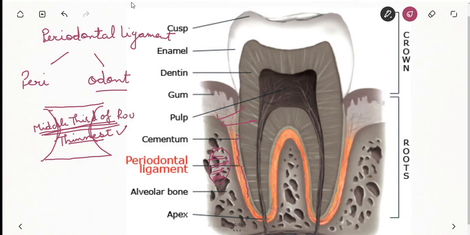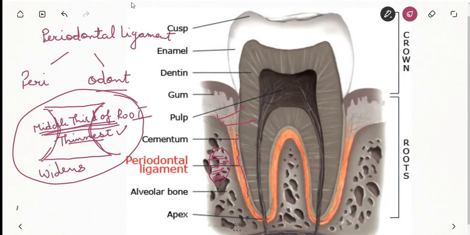And it widens both apically and near the crest. So from your exam point of view, you have to remember that the periodontal ligament is hourglass shaped in appearance.